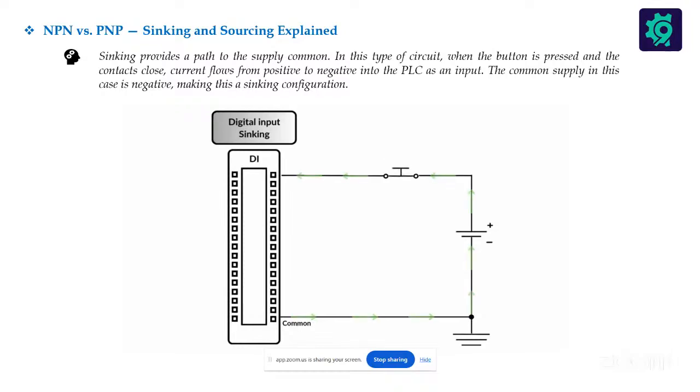It serves as the medium for the positive signal to enter into the PLC, while the PLC already holds on to the negative signal.